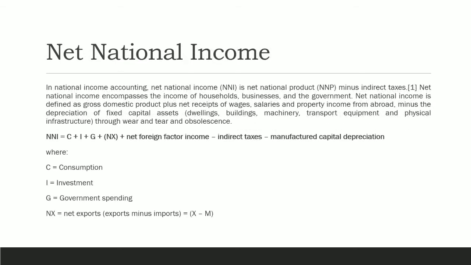Net national income. In national income accounting, net national income is net national product minus indirect tax. First, net national income encompasses the income of households, business, and the government.